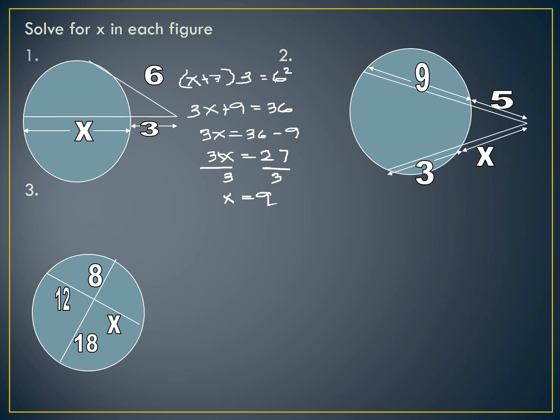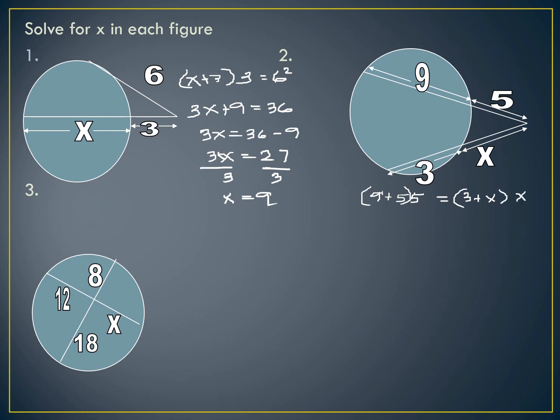Then naman sa number 2, yung whole secant times the external naman is equal to the whole secant times the external nung kabilang side. So, 9 plus 5, yan yung whole. 9 plus 5 times yung external, which is 5, must be equal to 3 plus x, yan yung whole, times yung x na external.